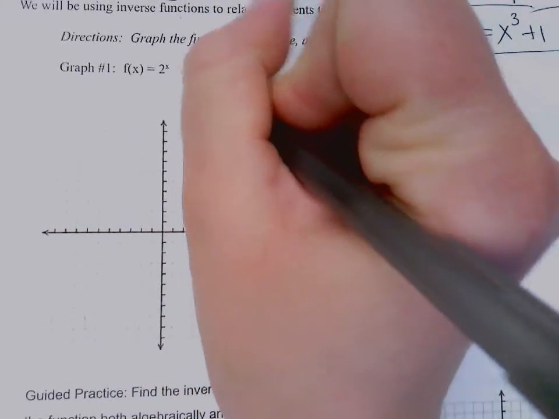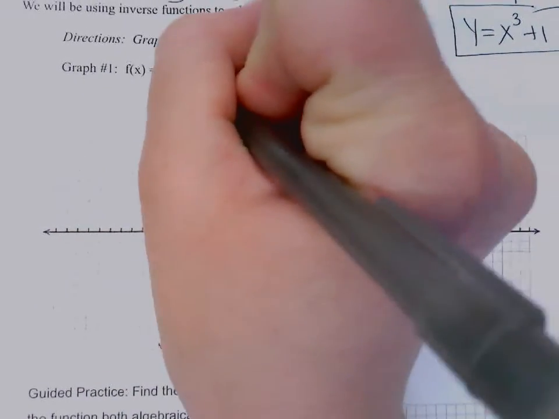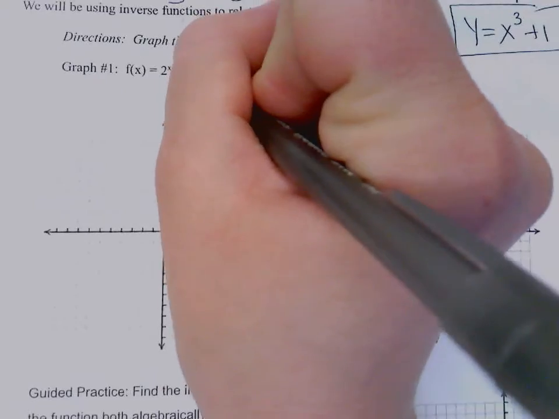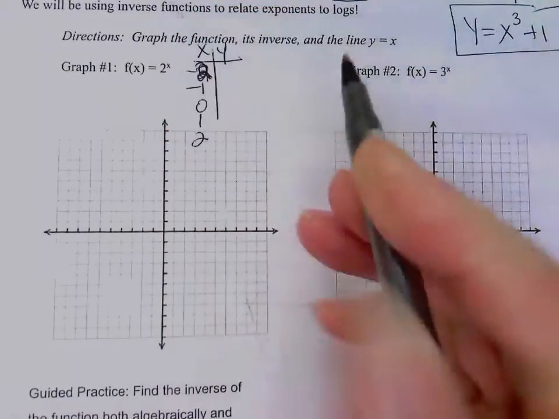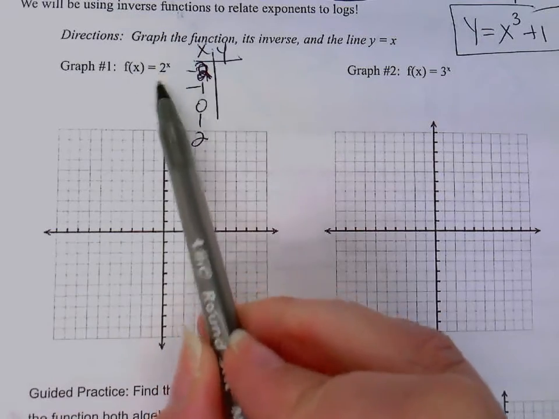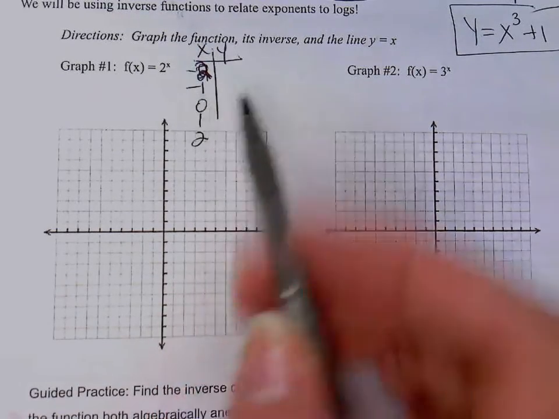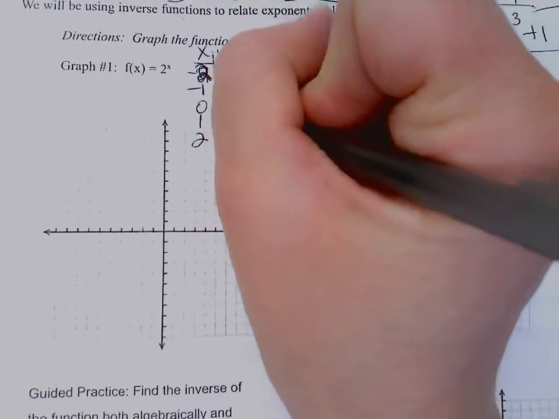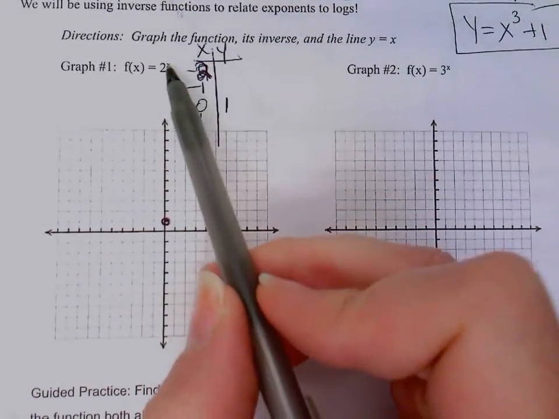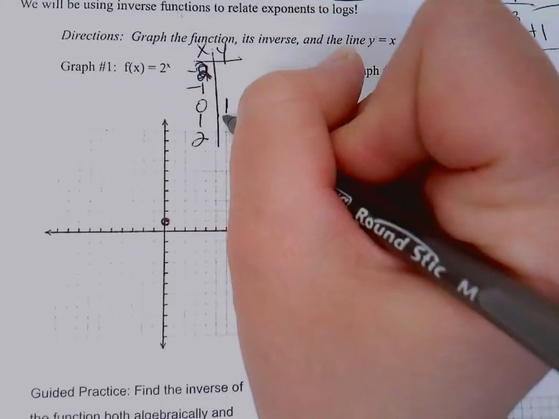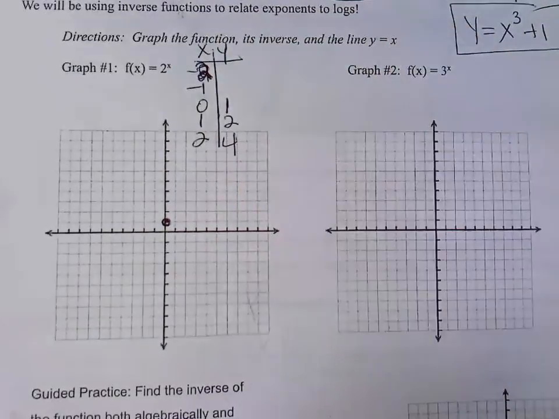Let's make a table. Let's use -2, -1, 0, 1, and 2. What are my key points for the exponential function? We know anything to the 0 power is 1. We know 2 raised to the first power is 2, and 2 squared is 4.